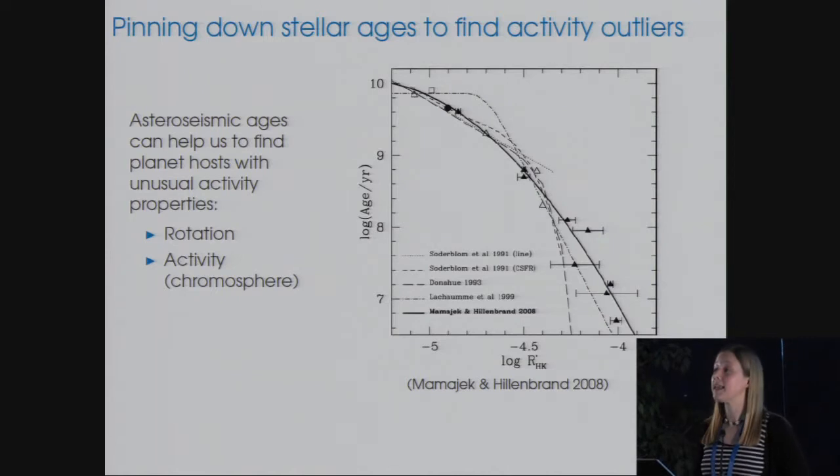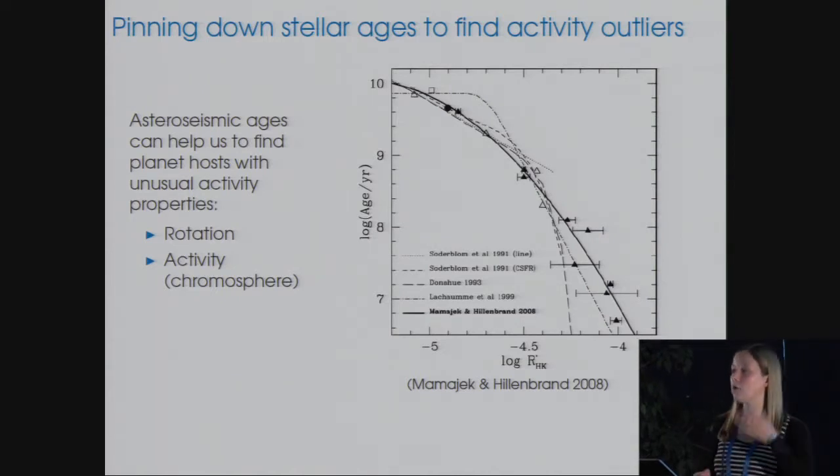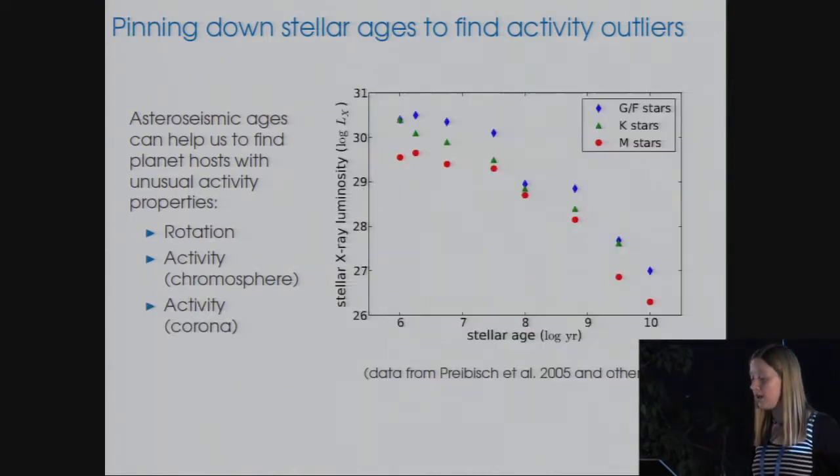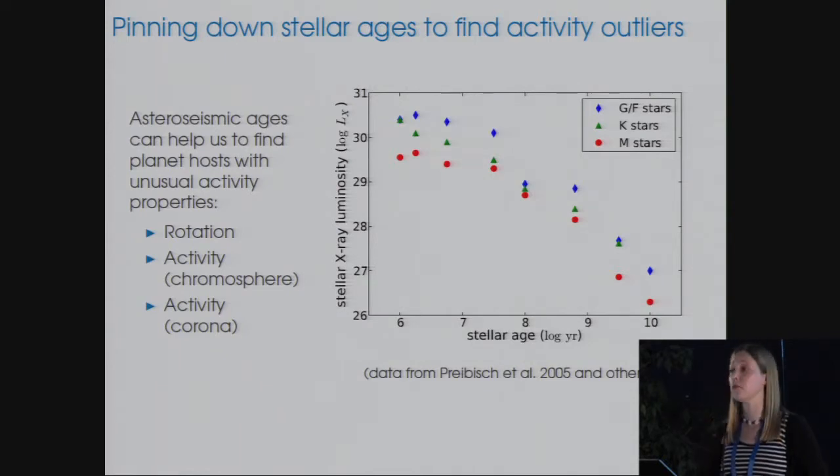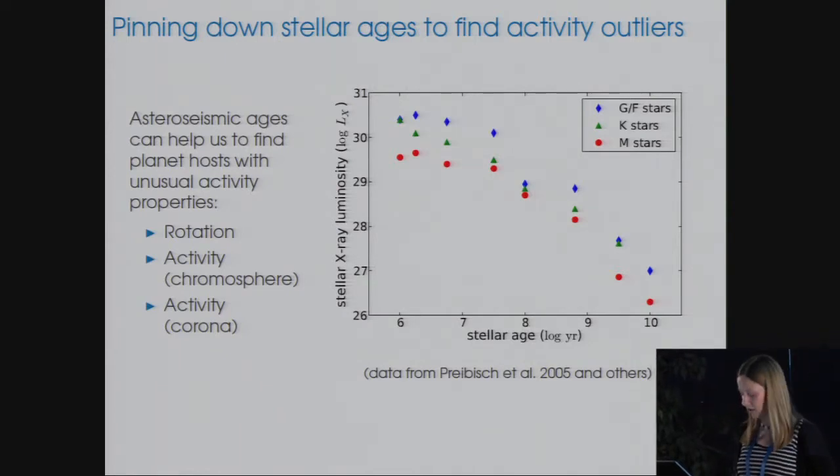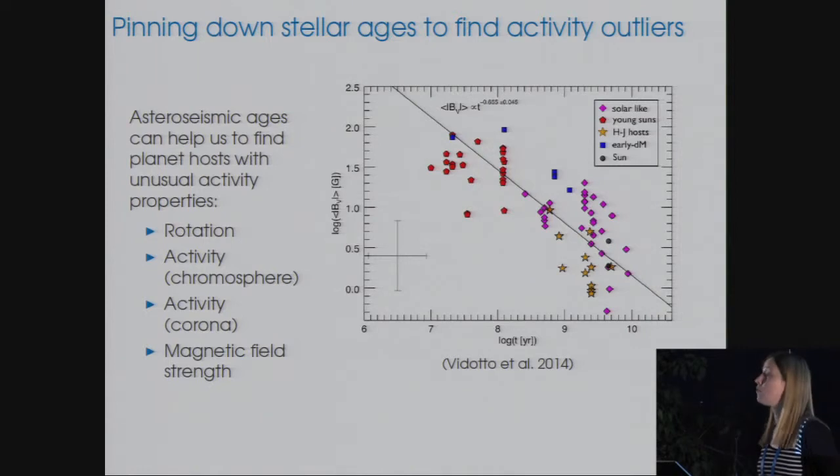We can look at the activity in the chromosphere and look for outliers compared to stellar age. We can look at the activity in the corona, where we see the soft X-ray emission. And finally, this is some recent work from Aline Vidotto and co-workers. We can also look at the global part of the stellar magnetic field that is detectable, and that also changes over time. So we have a variety of observables that we can look at once we know stellar ages and look for these outliers.